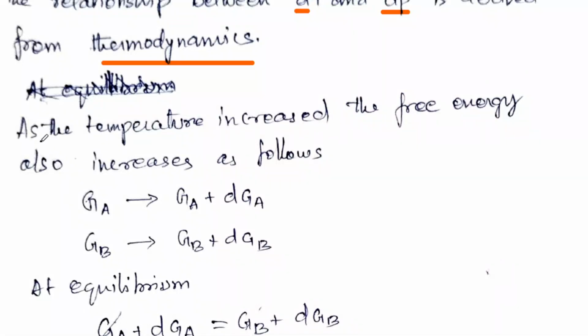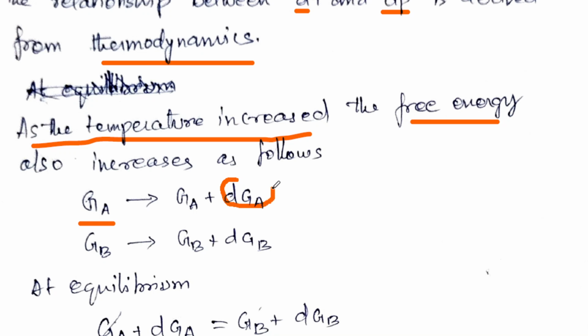As the temperature increases, the free energy also changes. As temperature increases from T to T plus dT, the Gibbs free energy Ga will increase to Ga plus dGa. This is the increase in Gibbs free energy for phase A. Similarly, for phase B, the Gibbs free energy will increase to Gb plus dGb.